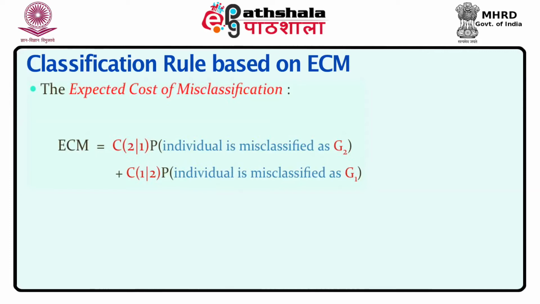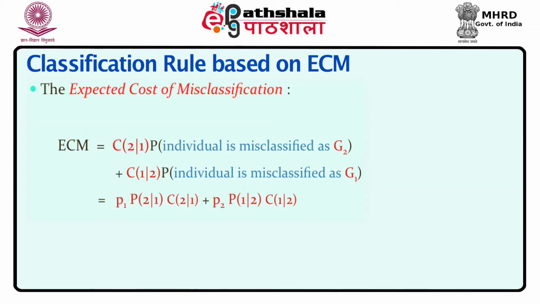When you find the expected cost, it is the cost of misclassifying an individual from G1 into G2 times the probability that the individual is misclassified as G2, plus the cost of misclassifying an individual from G2 into G1 times the probability that the individual is misclassified as G1. As we have seen before, the probability that an individual is misclassified as G2 is P1 times P(2|1). So we simply multiply it by C(2|1), and similarly for the second part.